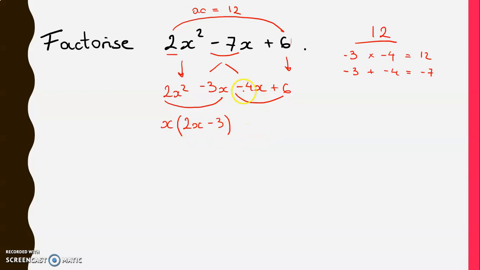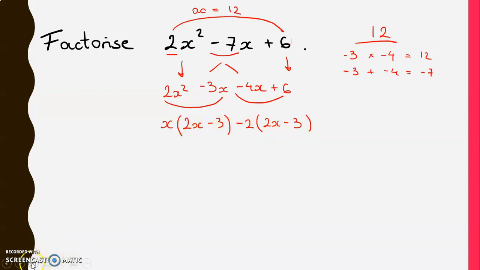If you look closely, the common factor is minus 2 here. If you factorize minus 2, minus 2 times 2x gives you minus 4x, and minus 2 times minus 3 gives you positive 6, and ta-da, we end up with 2x minus 3 again.